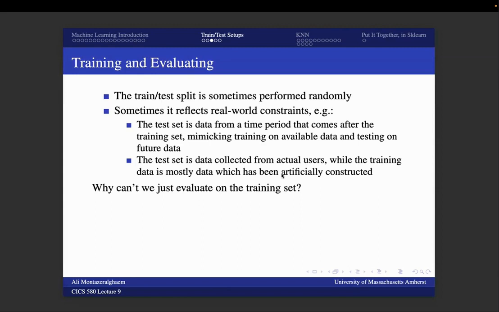If the agent already saw the exam, that cannot be a good way to evaluate the agent, because the agent already saw the exam or the questions that we want to ask the agent.